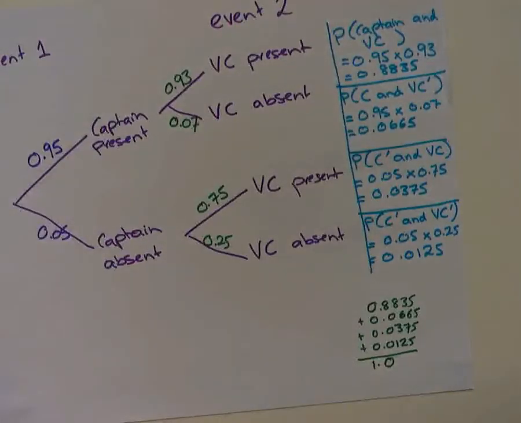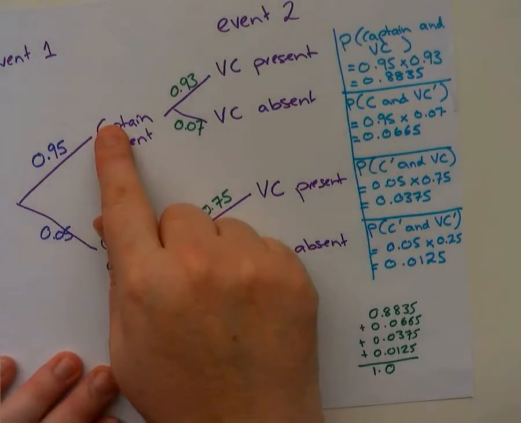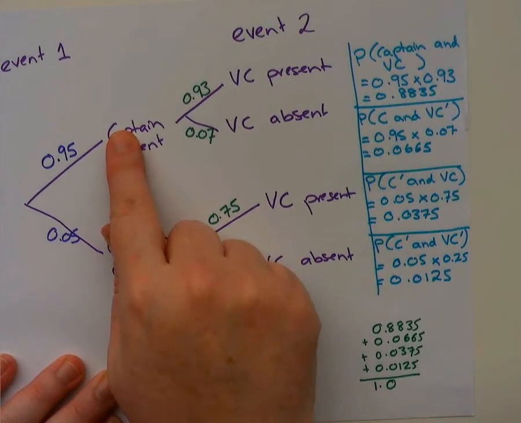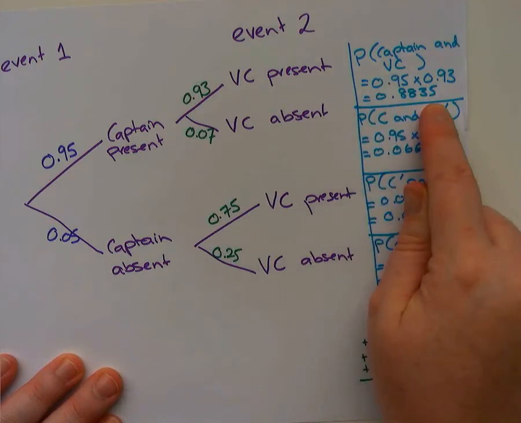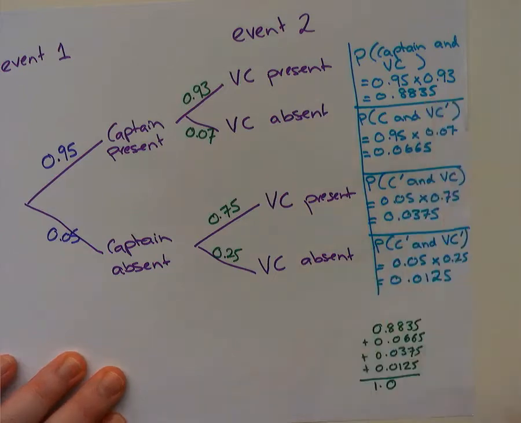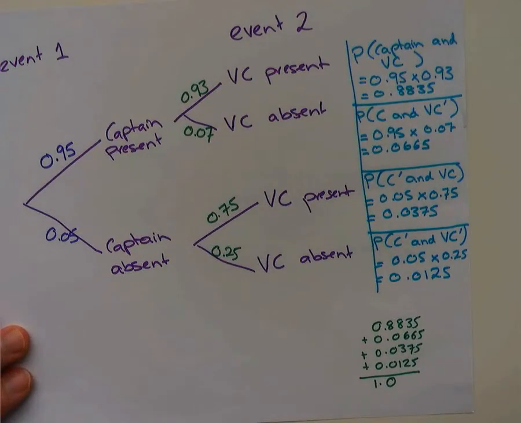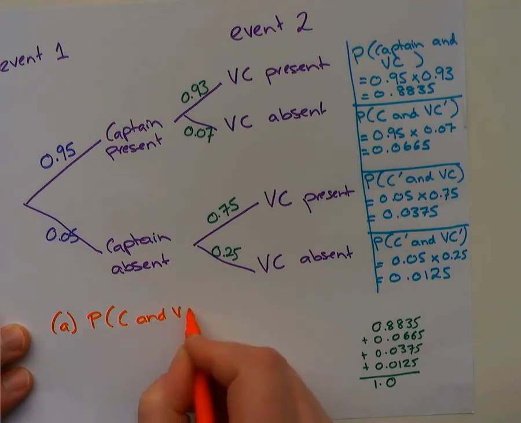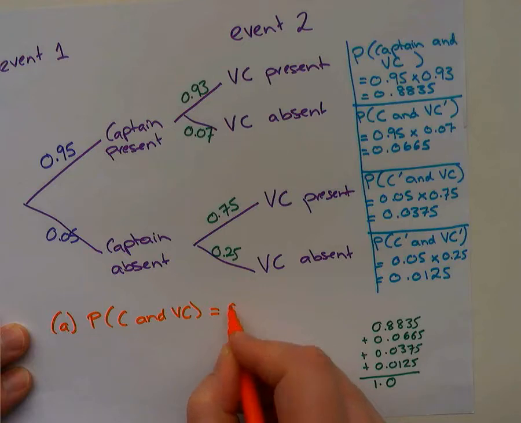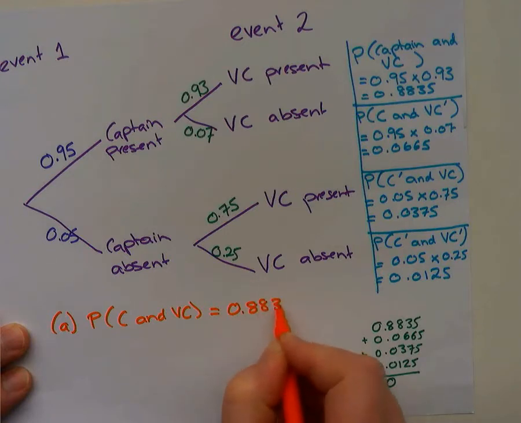So if we look at this, we've got our captain being present and we've got our vice captain being present, and the probability that both the captain and the vice captain are present is 0.8835. So the answer to question A is that the probability of the captain and the vice captain being present is 0.8835.